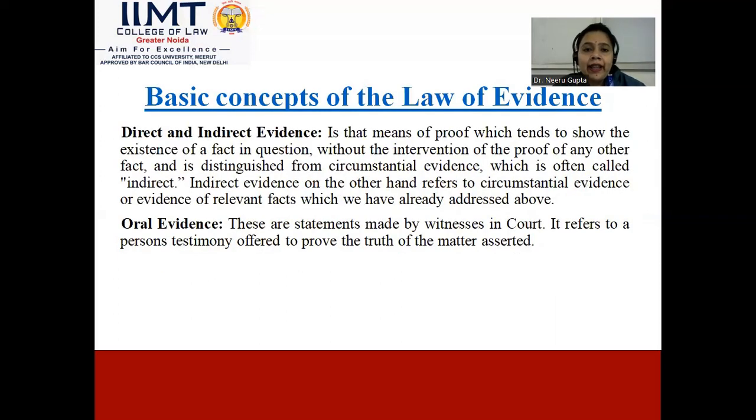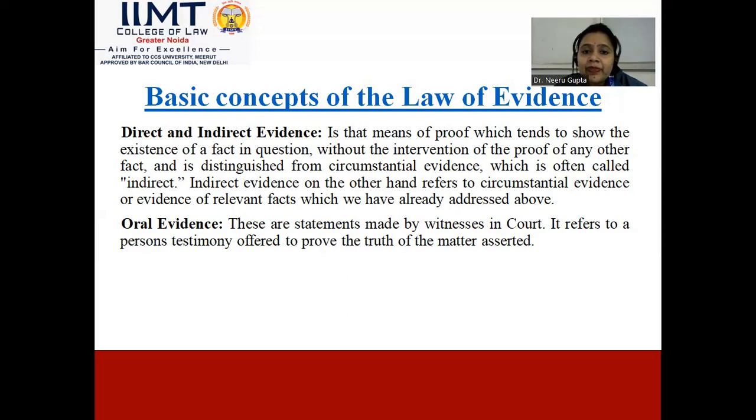Direct or indirect evidence. Direct evidence tends to show the existence of a fact in question without the intervention of proof of any other fact, and it is distinguished from circumstantial evidence, which is often called indirect. Indirect evidence, on the other hand, refers to circumstantial evidence or evidence of relevant facts which we have already addressed above.